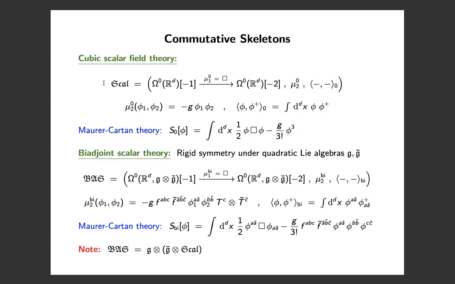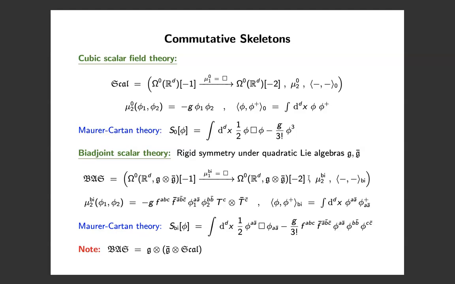And then in the corresponding homotopy algebra or differential graded Lie algebra, again, there's a cochain complex from the fact that we've got a differential. The differential is still this wave operator box.